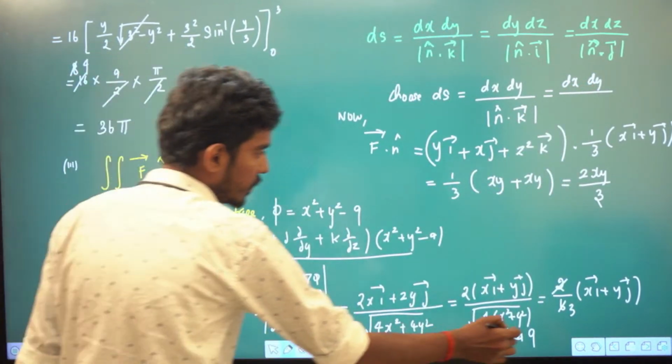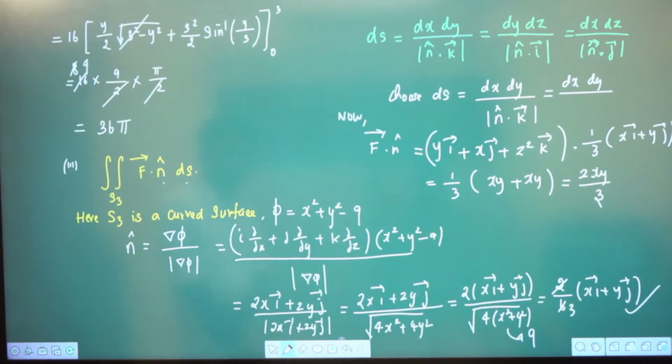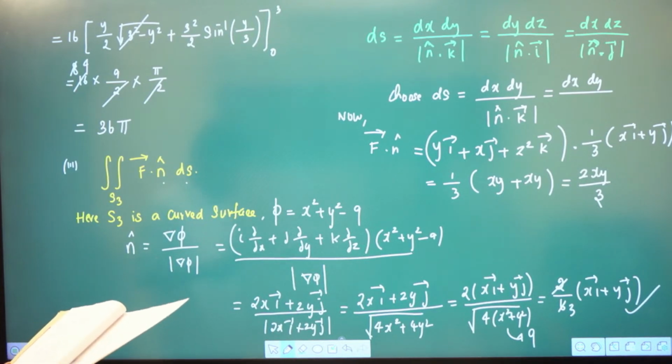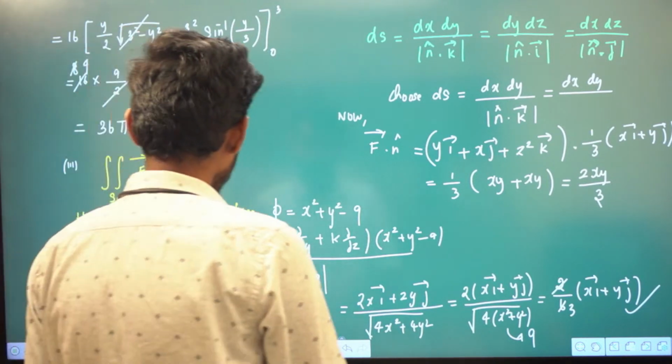This is your n cap, so make a dot product with the k vector.